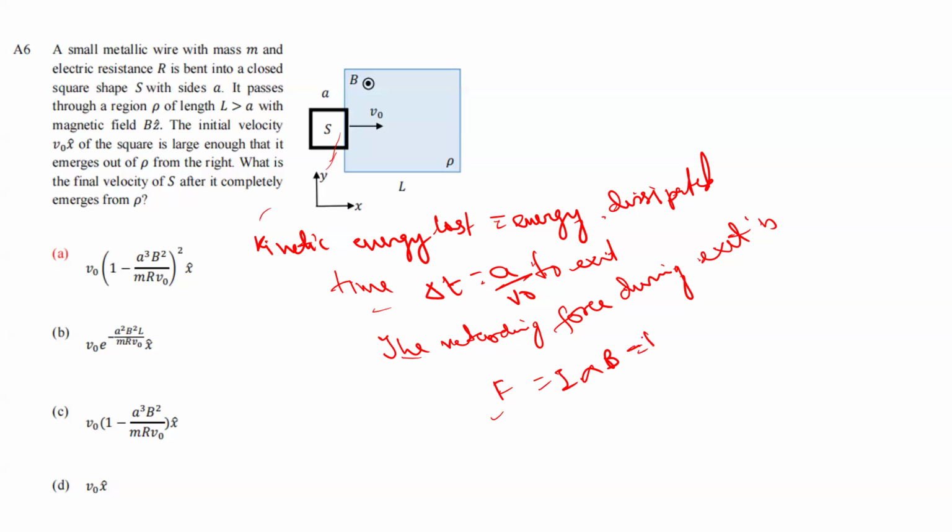This is what we have studied from the theory, so we have F equal to A squared B squared over R into v.